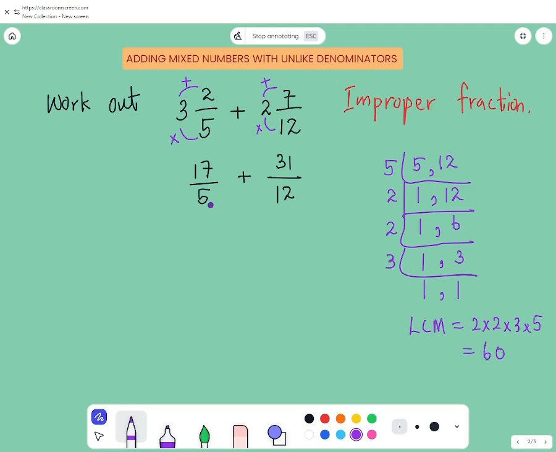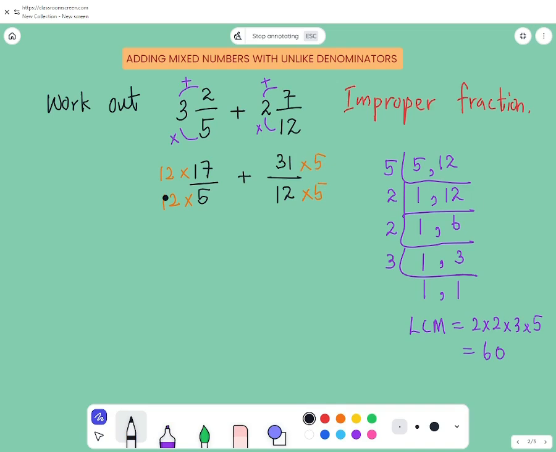So I have to change these denominators to 60. How? 5 multiplied by 12. Then 17 also multiplied by 12. 12 multiplied by 5. Then 31 also multiplied by 5.